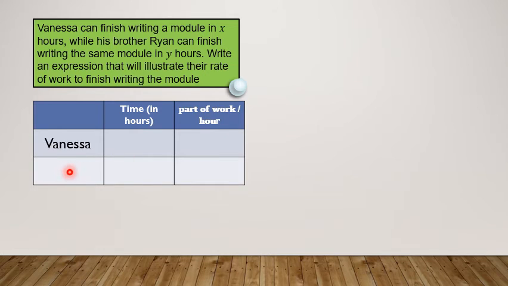Let's write Vanessa first, which represents x hours, and Ryan represents y hours. Then for the part of work, we have 1 hour. So let's write first 1 over x, and also here, 1 over y. So that is representing the rate.